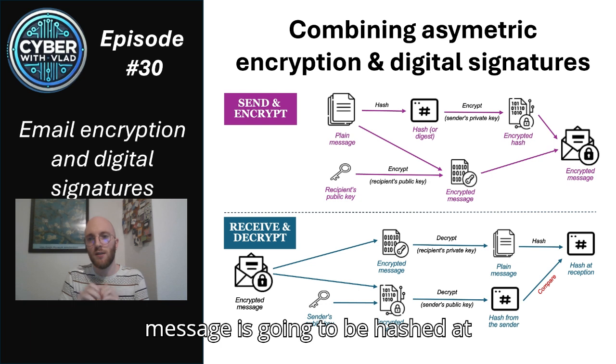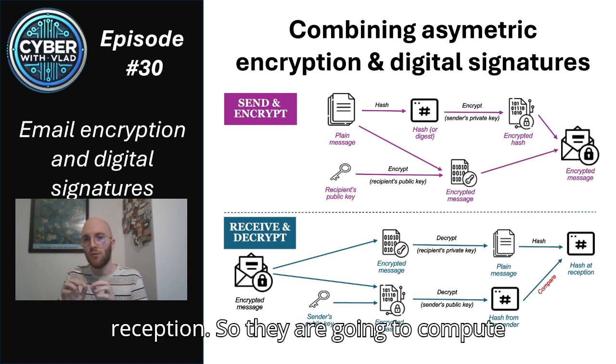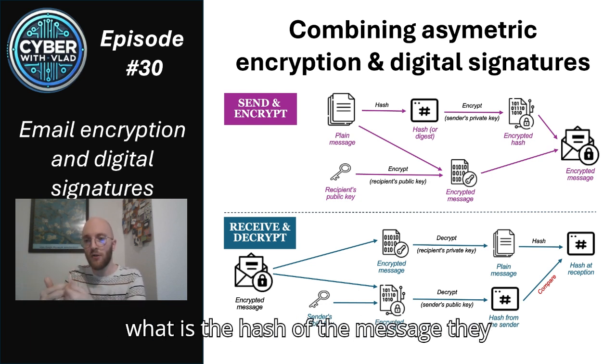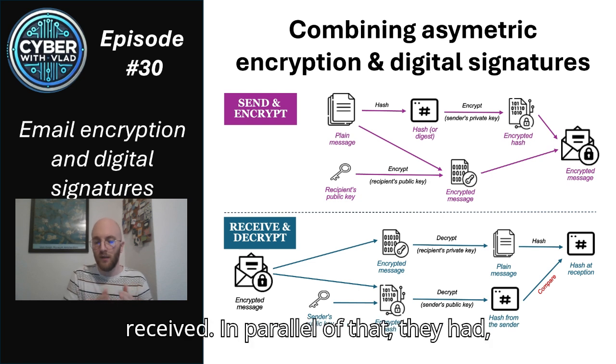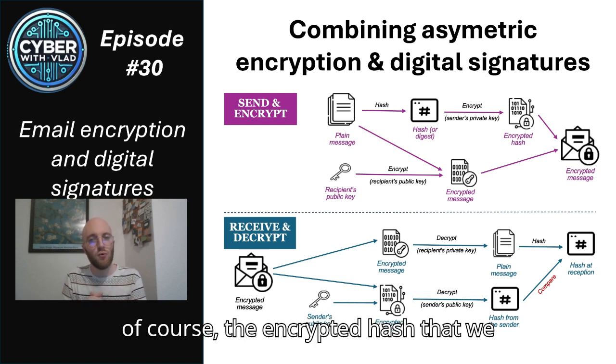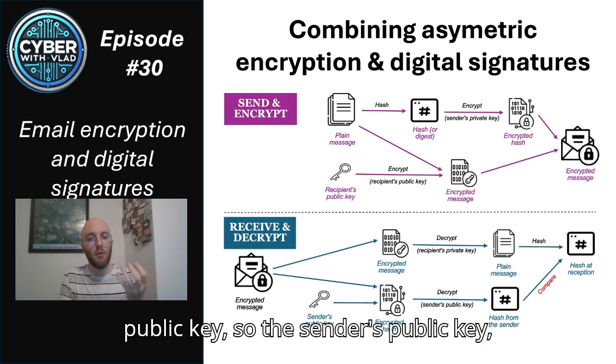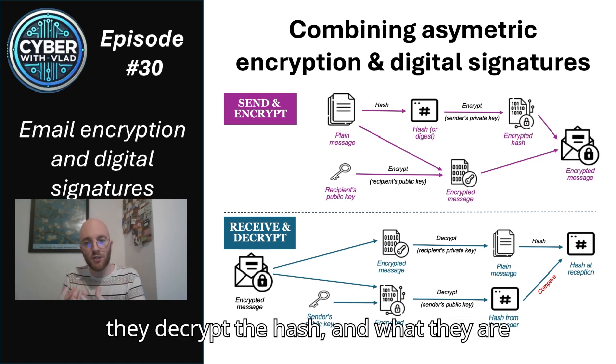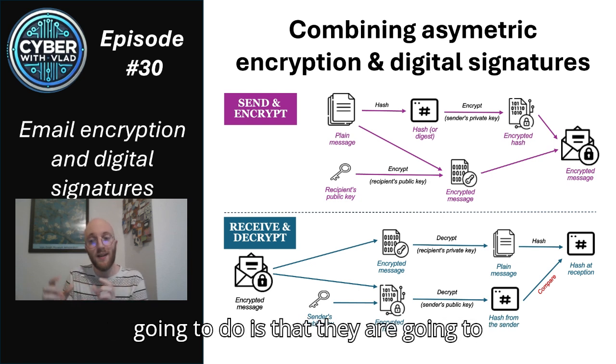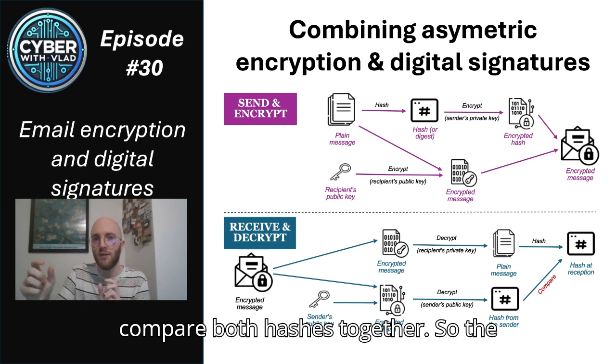This plain message is going to be hashed at reception, so they compute the hash of the message they received. In parallel, they have, of course, the encrypted hash that we prepared in the first step. They take our public key, the sender's public key, they decrypt the hash, and then they are going to compare both hashes together.